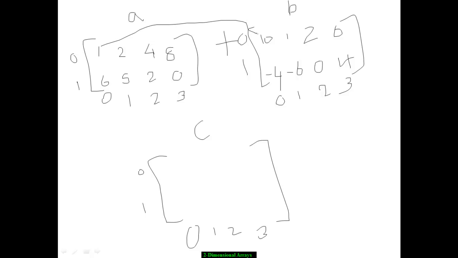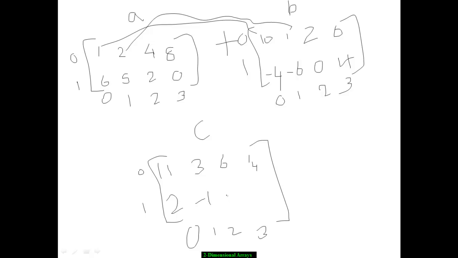So how to obtain this element indexed by 0 0? Add this one with this one. So 1 plus 10, it is going to be 11. Add 2 with 1, now it will be 3. Similarly, 4 plus 2 is 6, 8 plus 6 is 14, and 6 minus 4, it is 2, 5 minus 6, it is minus 1 should be the answer.